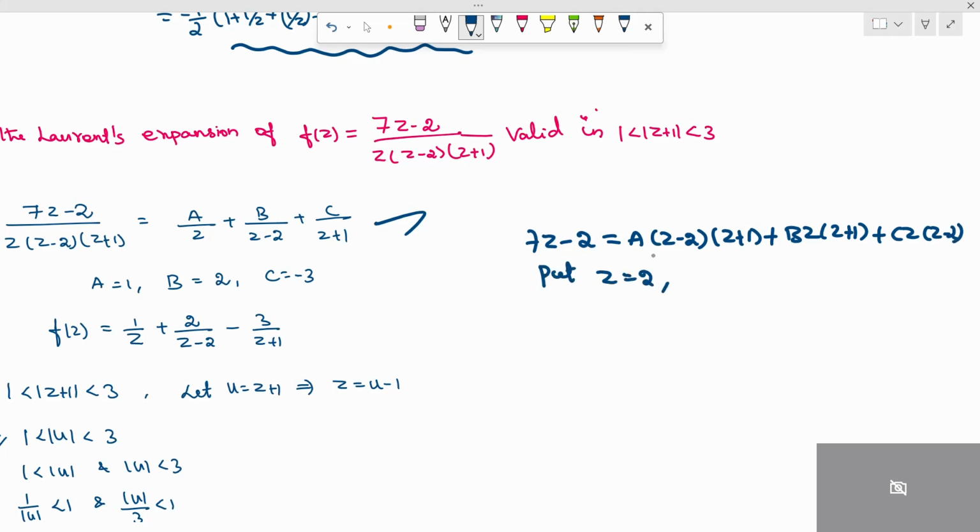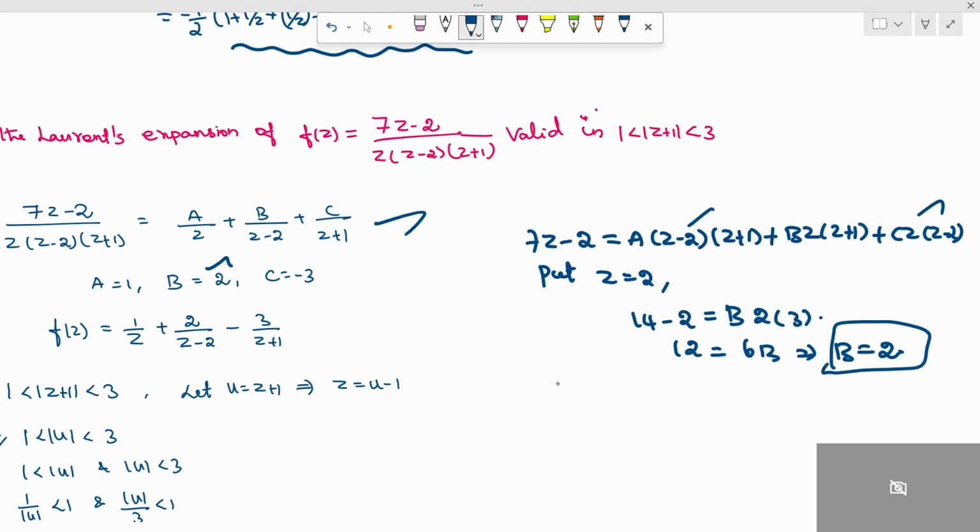If you put z is equal to 2, on the left hand side we will get 14 minus 2, which is equal to, first term 0, second term also 0, we will get only the middle term b into 2 into 3. Therefore 14 minus 2 will be 12, 2 3s are 6, 6b, therefore b is equal to 2, written here. Already you know very well how to apply the partial fraction method. Now and then put z is equal to minus 1.